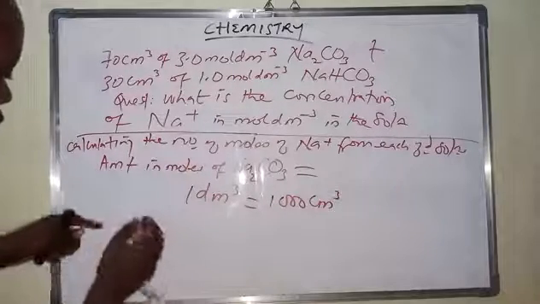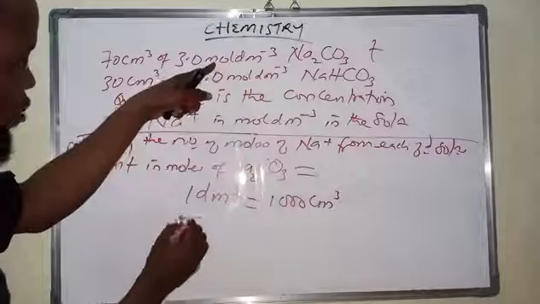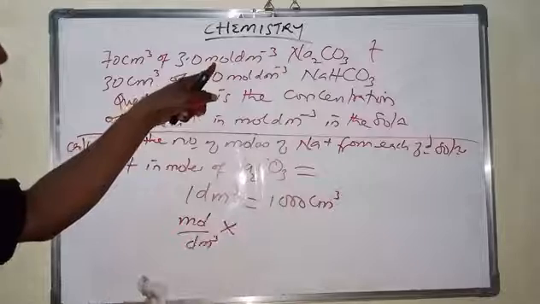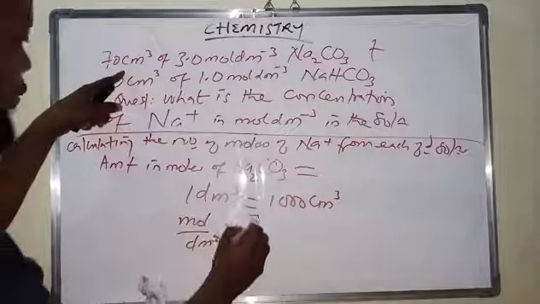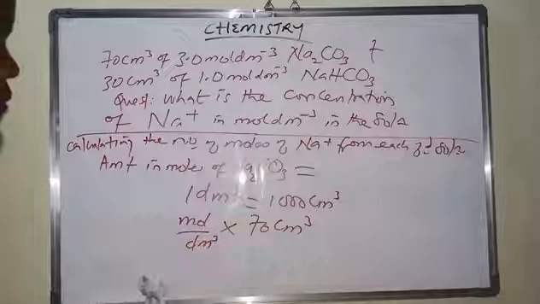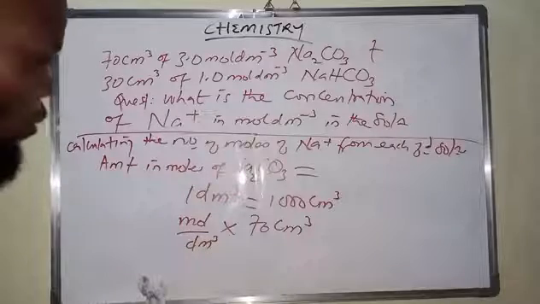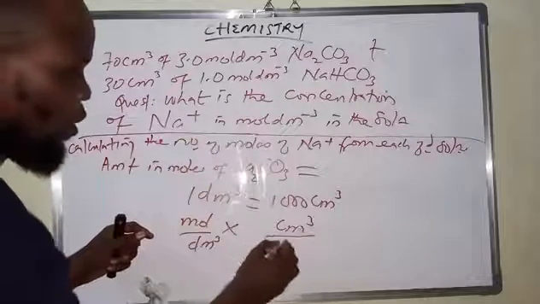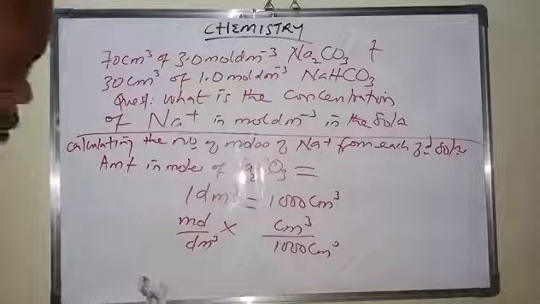So to determine amount in mole, we should multiply our concentration in mole per dm cube by the volume in centimeter cube, then divide by 1000 centimeter cube. Understand this? What do I mean?